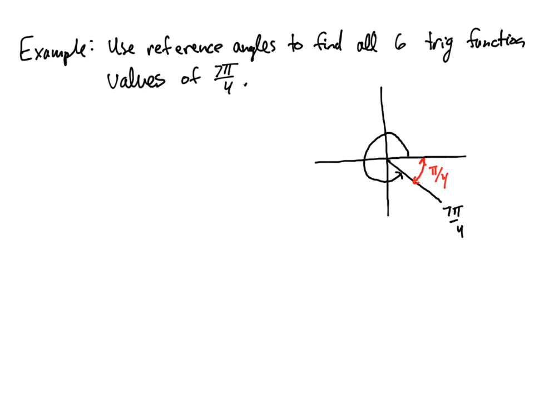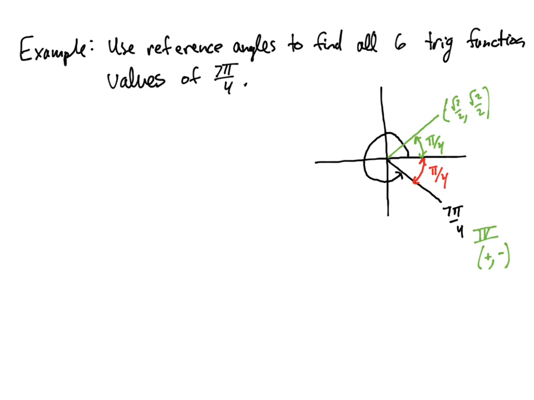Okay, so pi over 4 in quadrant 1. The coordinates there are √2 over 2, comma √2 over 2. And then using reference angles, we need to remember, well, 7 pi over 4 is in quadrant number 4. And the x-coordinate is positive in quadrant 4. The y-coordinate is negative in quadrant 4.